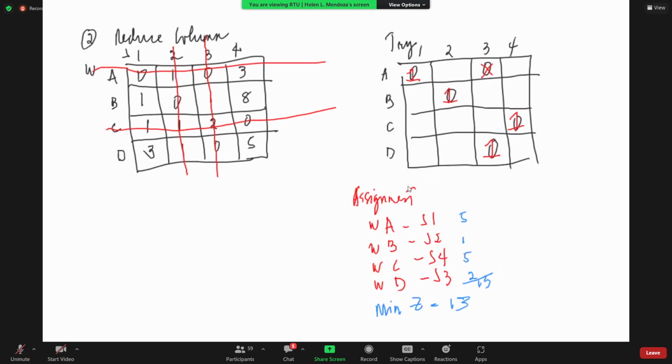Tignan mo yung possibility that you would be creating a multiple optimal solution. Ito wala. Isa lang. Wala siyang ibang assignment na possible. The only possible assignment is that worker A should be given job 1, worker B job 2, worker C job 4, and worker D job 3. So that's it. Assignment. Ang bilis.